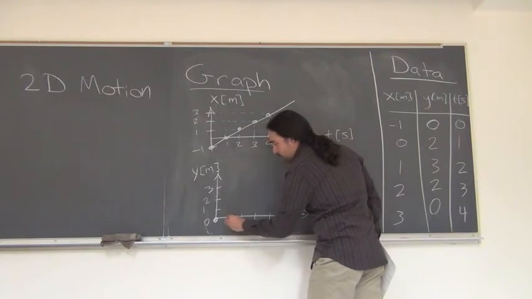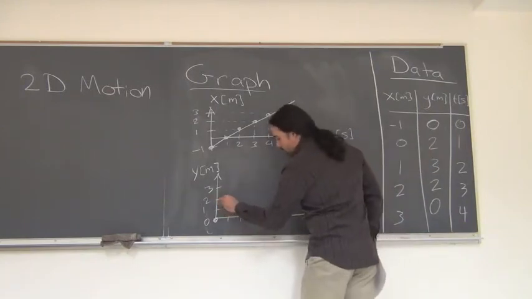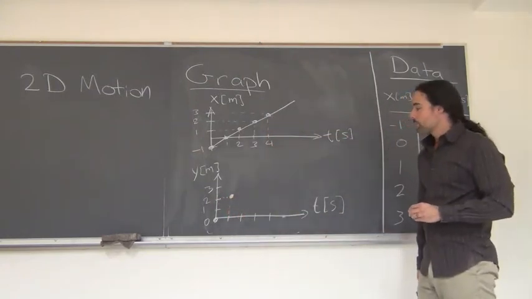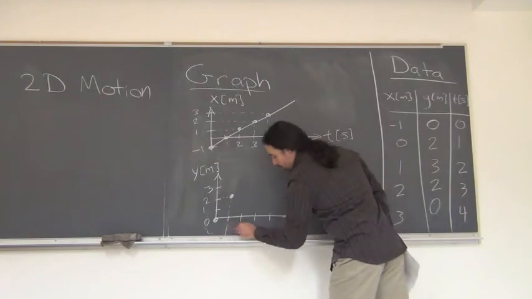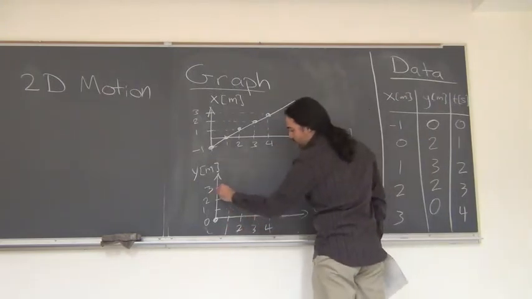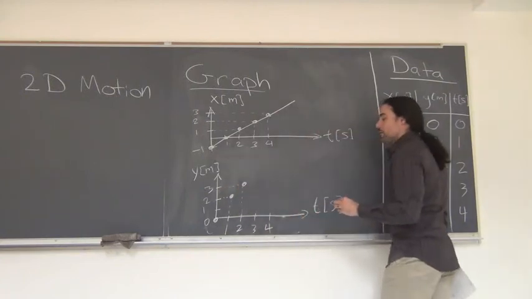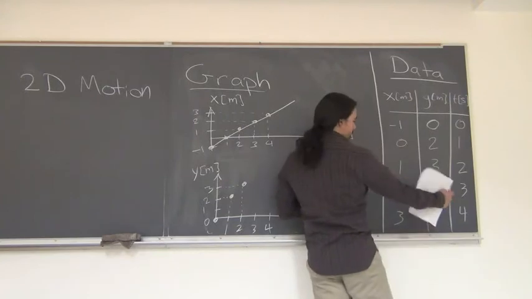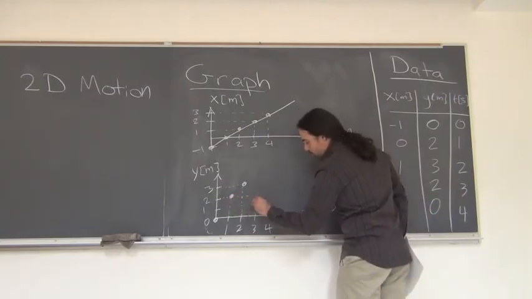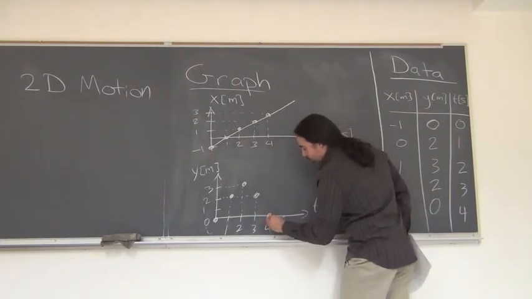At 1 second, we are up 2 meters in the y direction. So right there. 2 seconds, we're up 3 meters. 3 seconds, we're up 2 meters. And then finally at 4 seconds, we're down to 0 meters.